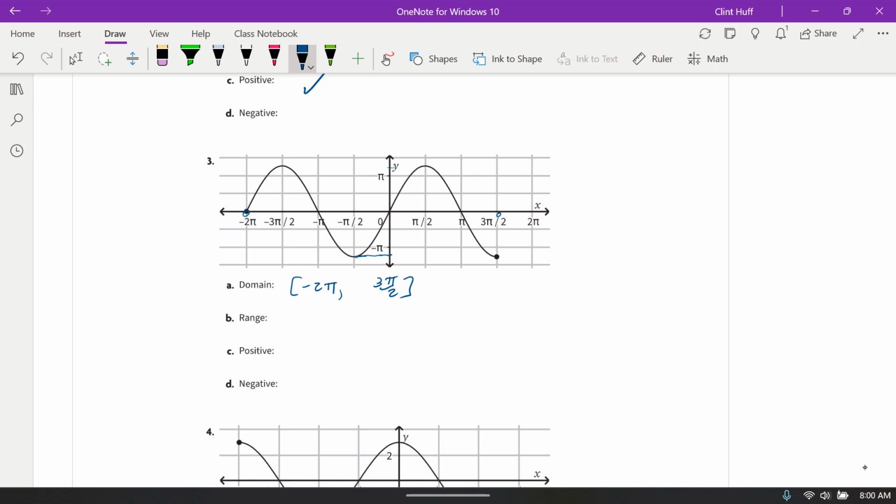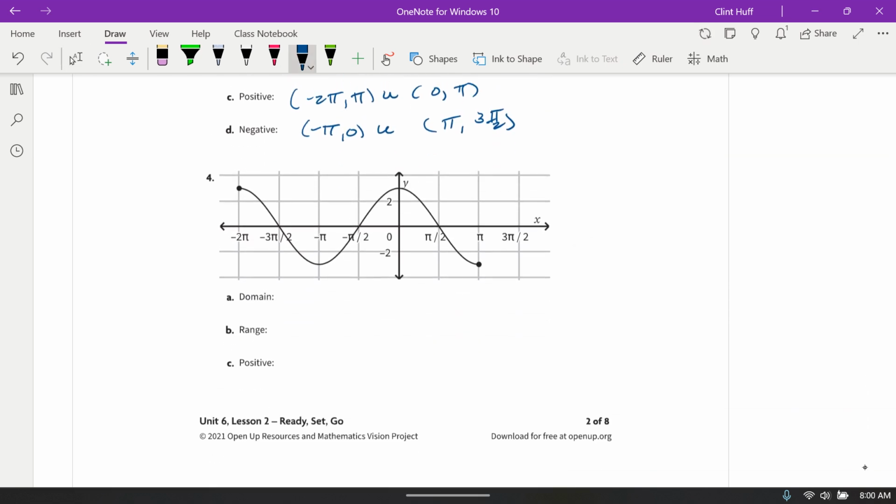Hard to call the range here because pi is a little bigger than 3. So let's call this the range. It's from -4 to 4. It's positive from -2 pi to pi, united with 0 to pi. And it's negative from -pi to 0, united with pi to 3 pi over 2.